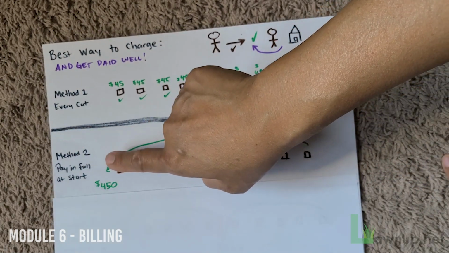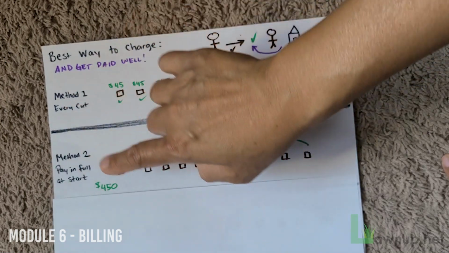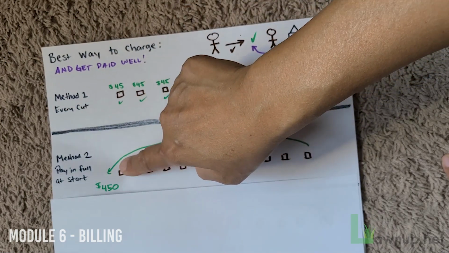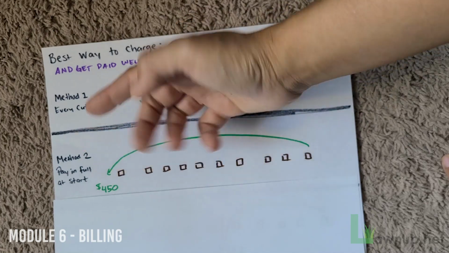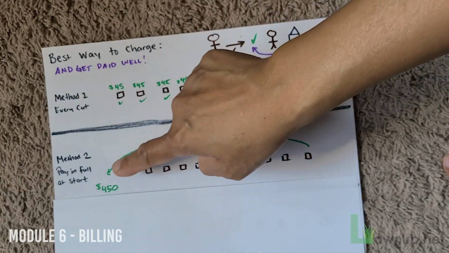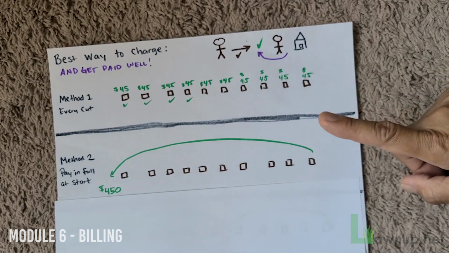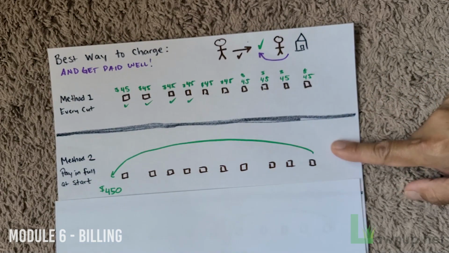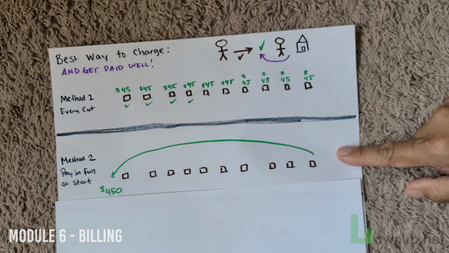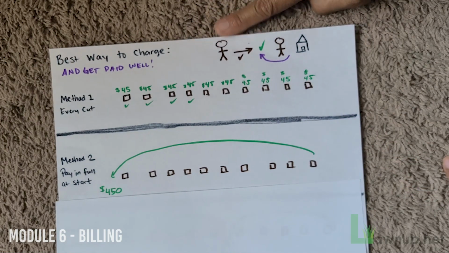So for instance, where I live in Minnesota, they'll pay the entire amount in the month of May. So it's under my obligation to cut every time all the way to the end. This method is okay in that it's good for you, the lawn service provider, because you get paid in full.